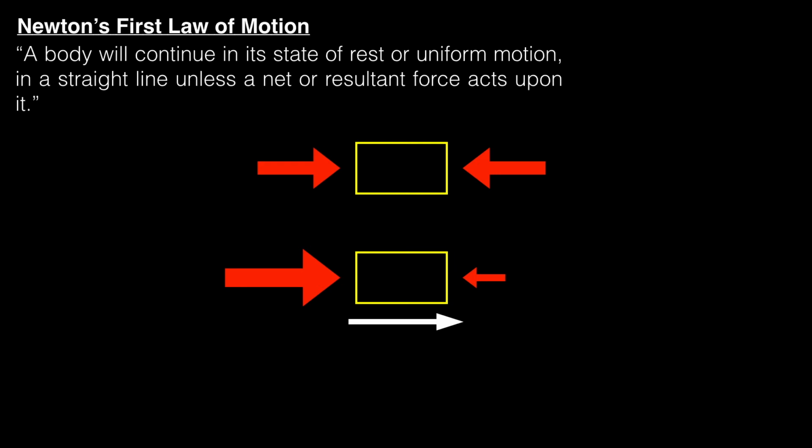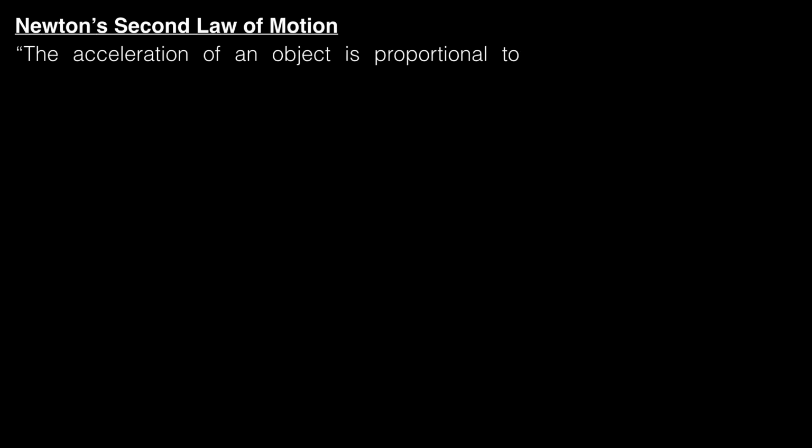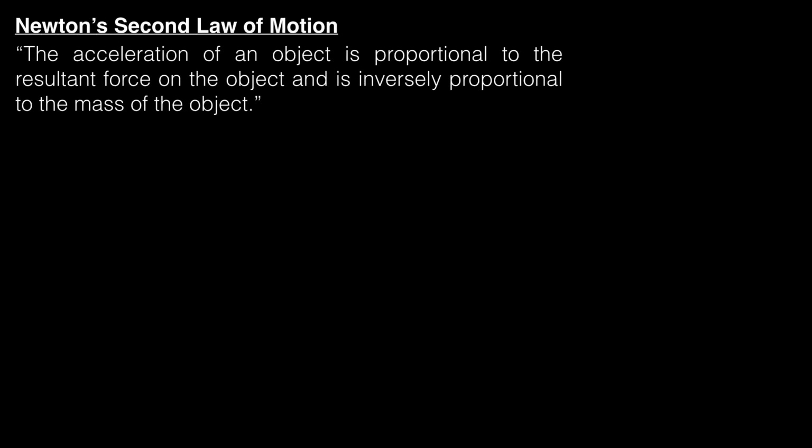Which brings us nicely into Newton's second law of motion, which states that the acceleration of an object is proportional to the resultant force on the object and is inversely proportional to the mass of the object. This resultant force will cause the object to change its velocity, as we know, but how do we calculate the magnitude of this force?